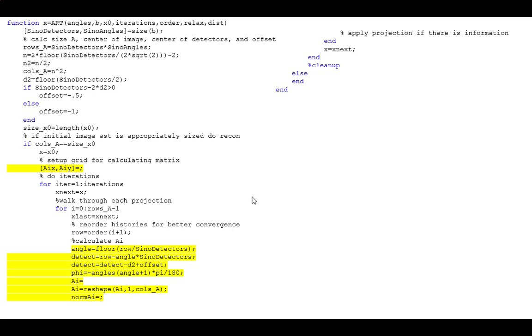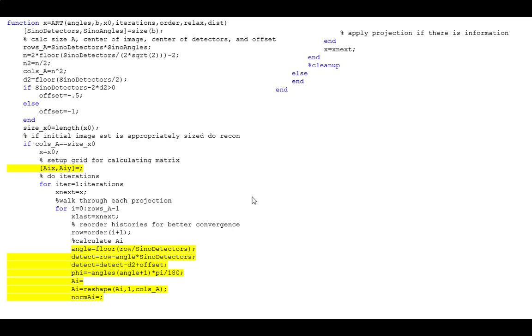This is what I would call minutia that you can look up. But I will make a couple notes to you. How do we get the angle? Well, our angle is going to be, if you consider what is my row number, you're going to get all the detectors in the first row. That's the first chunk.